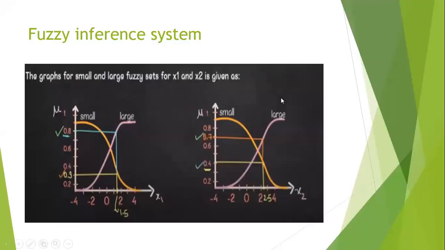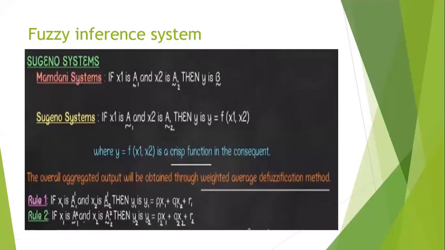I hope you have understood the Sugeno system. See, the basic difference between Mamdani system and Sugeno system is in the representation of your consequent.